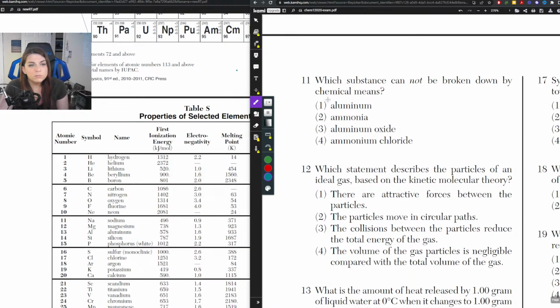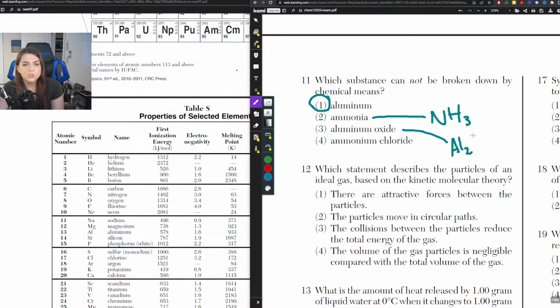Aluminum is Al. Now, ammonia is the common name of NH3, which I hope at this point in the year you know. It's a super common compound that we talk about a lot. Aluminum oxide is Al2O3. And then ammonium chloride is NH4Cl.